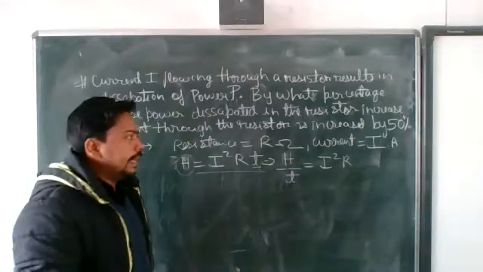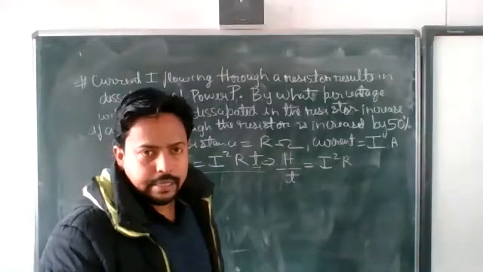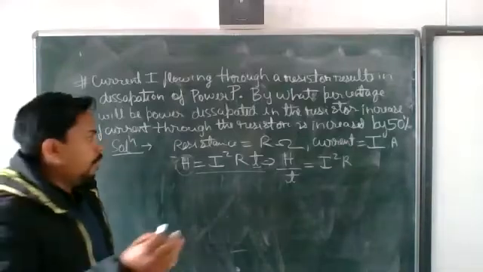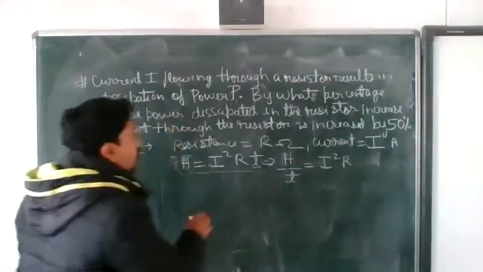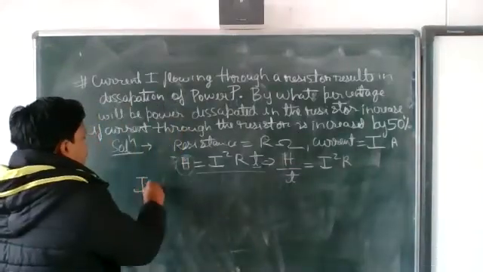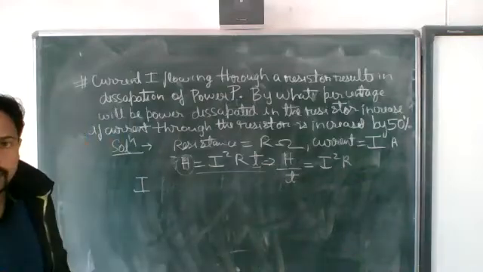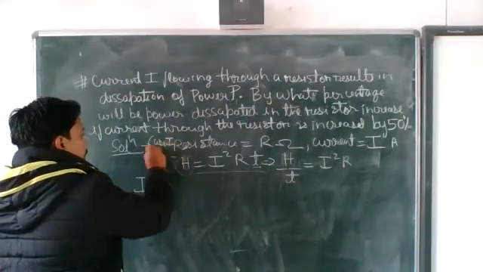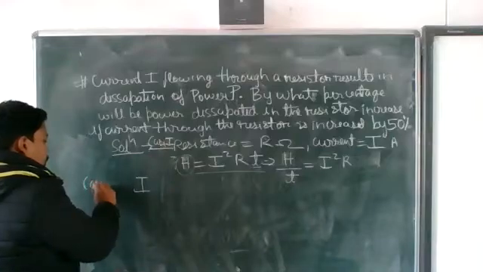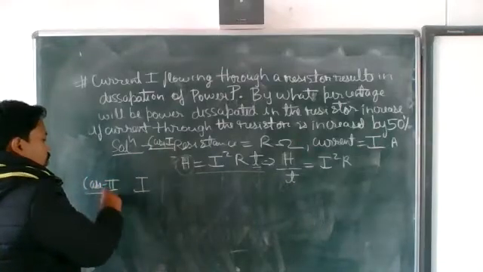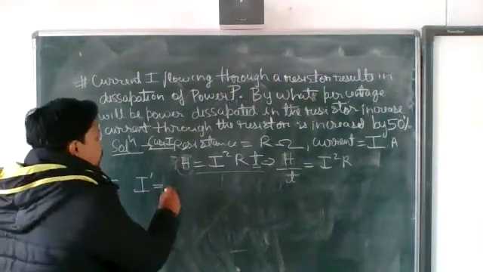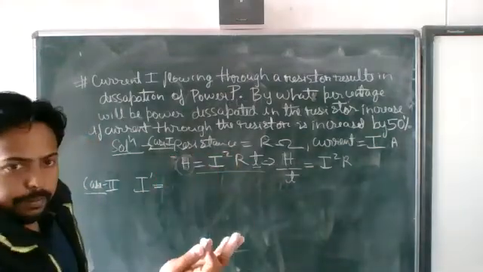But in the second case, the current is increased. Now there is another current passing through the circuit. This was case 1, and this is case 2. So I dash is the current that I don't know, and I know that the current is increased by 50%.